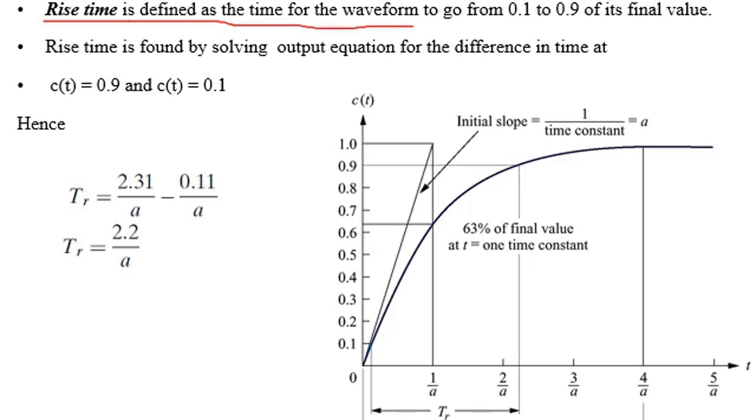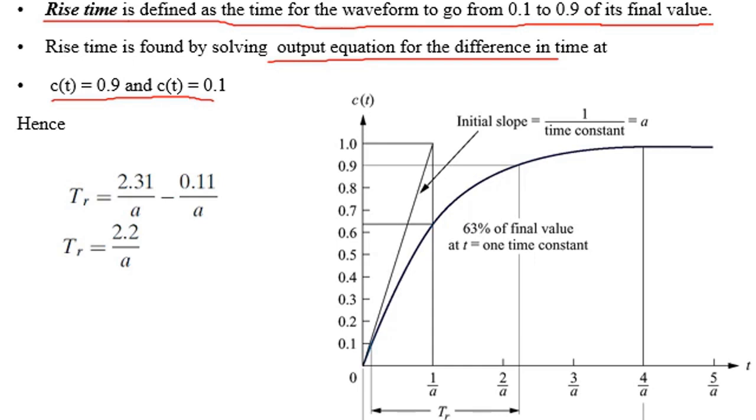Rise time is defined as the time required by the first order system in which its output moves from 10% of the final value to 90% of the final value. For rise time, we will solve the output equation of the system for values of 0.9 and 0.1, find the desired times and find the difference between the two.